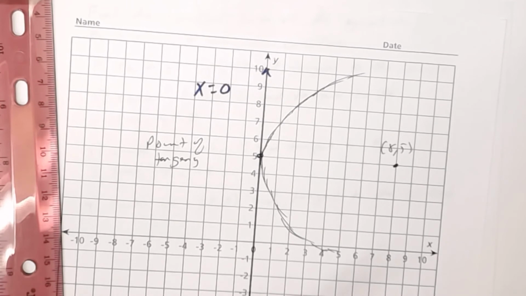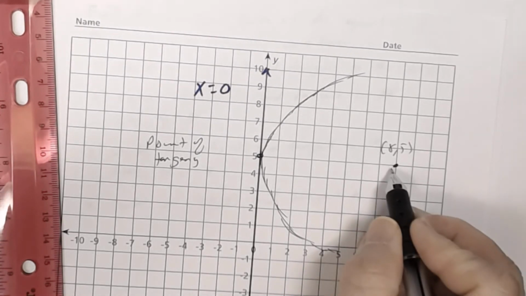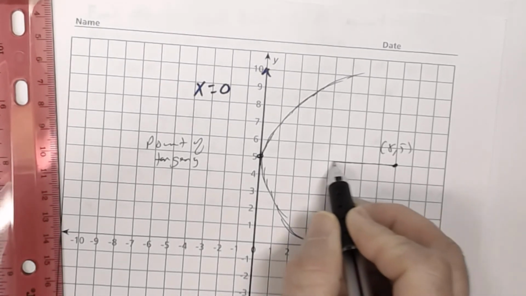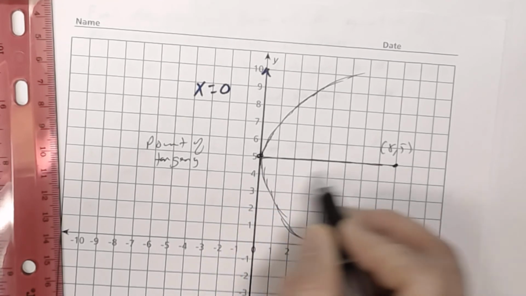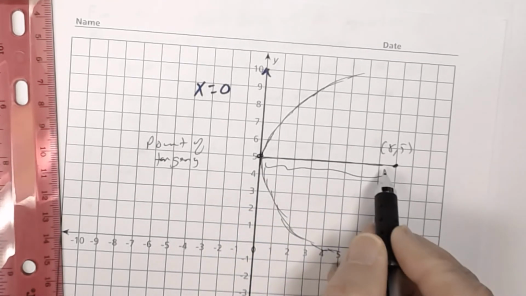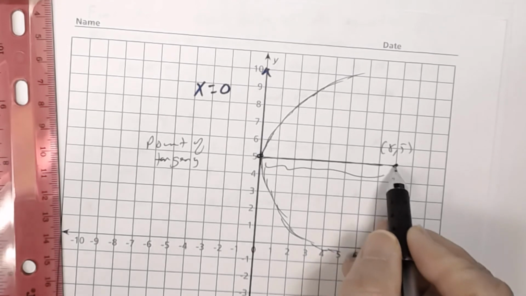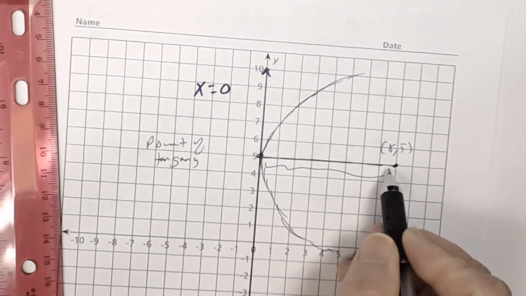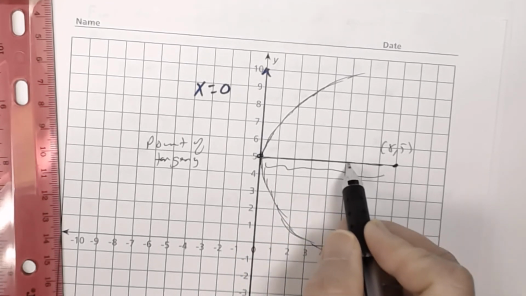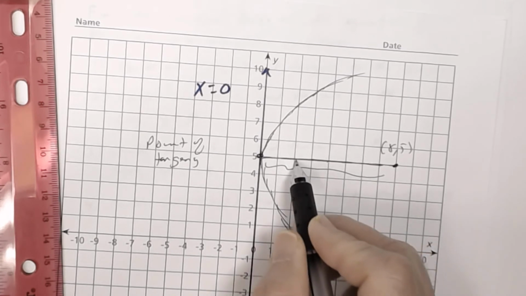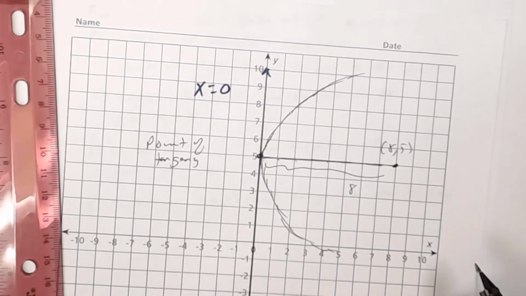It's just this little part. Because now I know the radius, the length of the radius. What's the length of that radius right here? We'll just count the units, from the center to the point of tangency: 1, 2, 3, 4, 5, 6, 7, 8. There's the length of the radius.